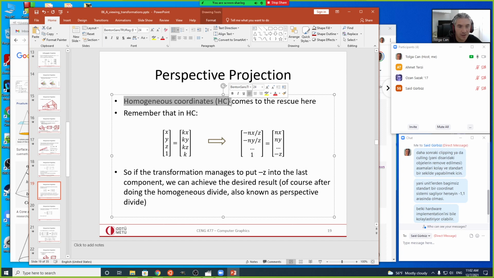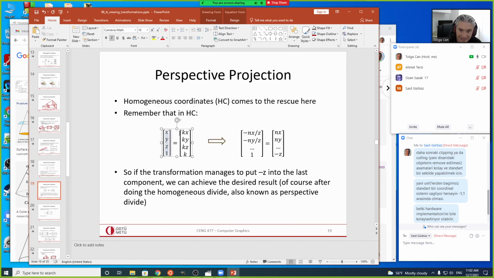Now, again, homogeneous coordinates come to our rescue here. Remember that a point in 3D is exactly the same for these two points: x, y, z, 1 and kx, ky, kz, k. If the fourth value is k, its 3D coordinates are found by dividing by k.